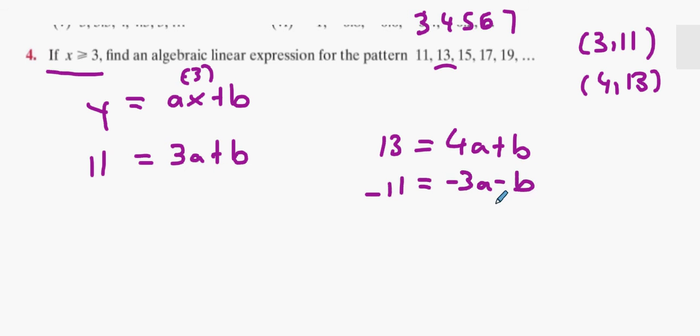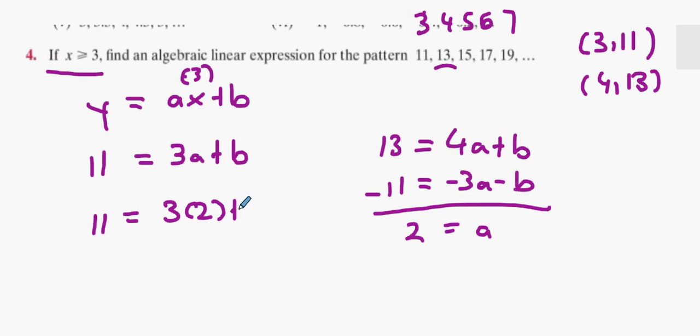And what's the answer for a then? A is equal to 2. And if a equals 2, what's the answer for b? Sorry, spoilers. 6 plus b, so b must be 5. And the answer will be 2x plus 5.